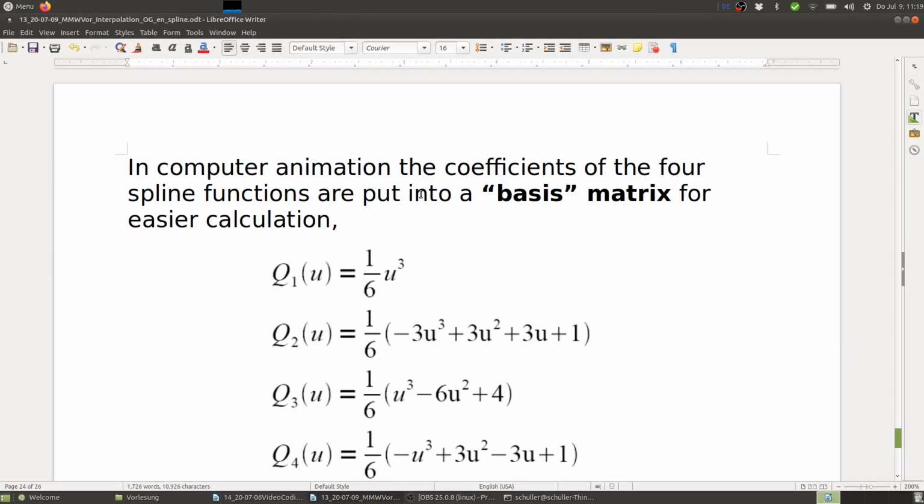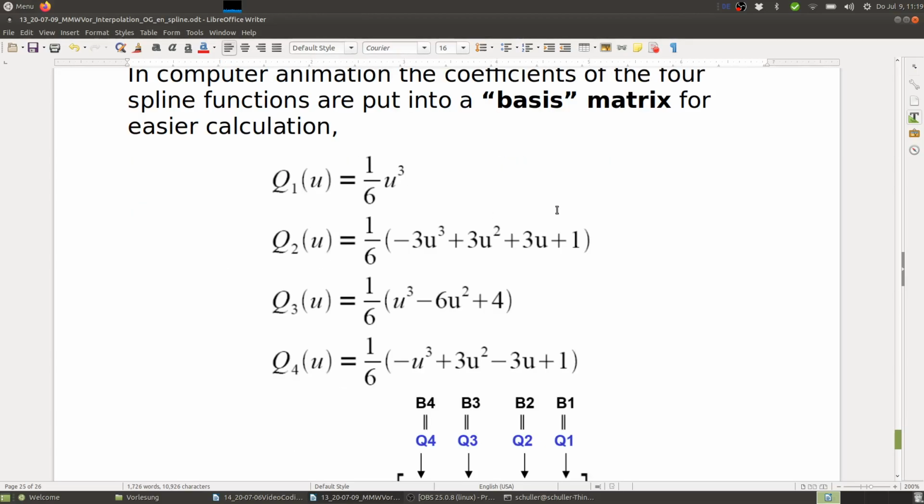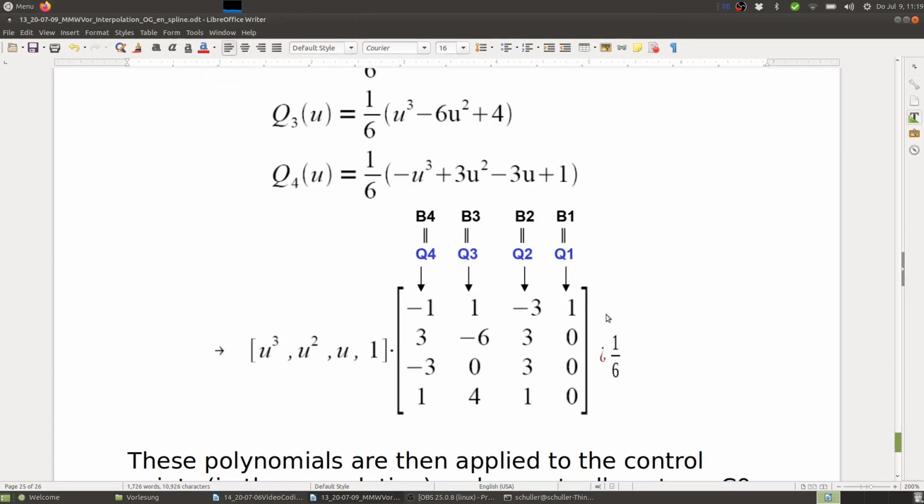So in computer animation, actually the coefficients of the 4 spline functions are put into a basis matrix for easier calculation. So here you can see again the 4 polynomials and the coefficients, and you just take those coefficients and put them into a matrix. So each column of this matrix represents the coefficients of one of those polynomials.